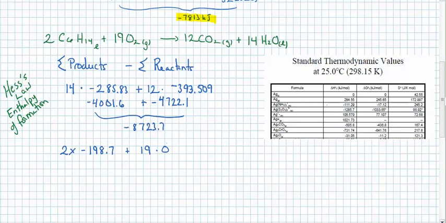Now, all told, down here, this is going to be a negative 397.4. So this is what we have.